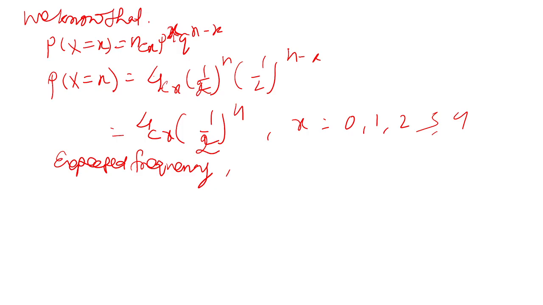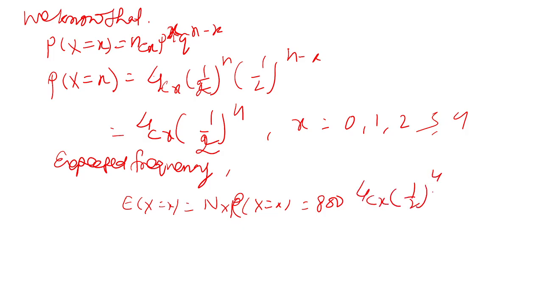So now we'll calculate E of x is equal to N times the probability of x. N is equal to 800, 4Cx into 1 by 2 to the power 4.